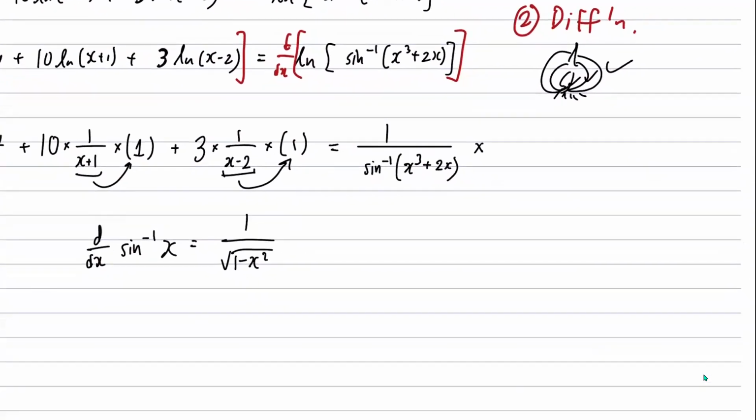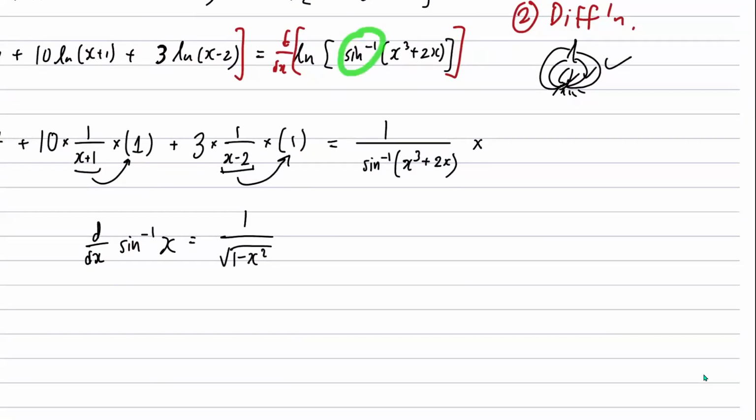So differentiate sine inverse, right? What do you get? 1 over square root of 1 minus something squared. Okay? x cubed plus 2x. Very good. Let me just write this down: x cubed plus 2x.